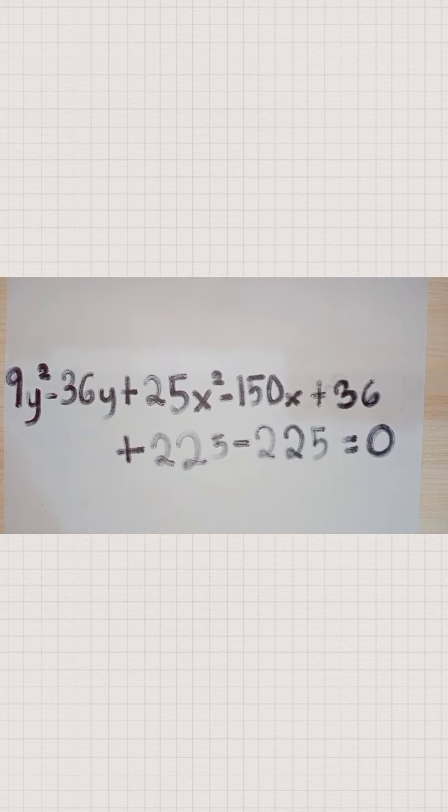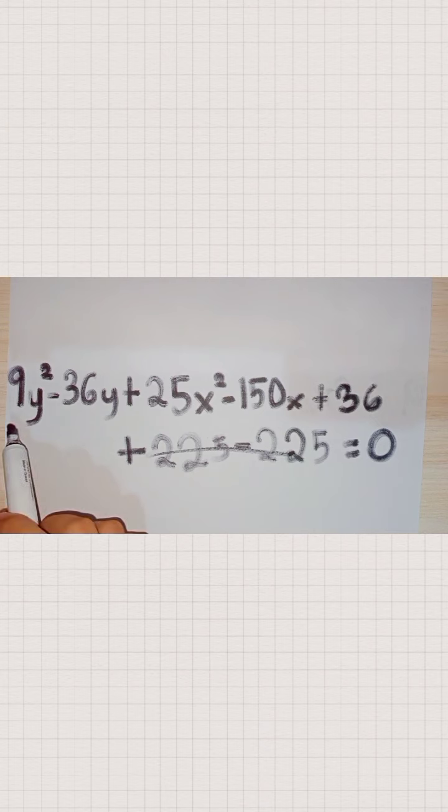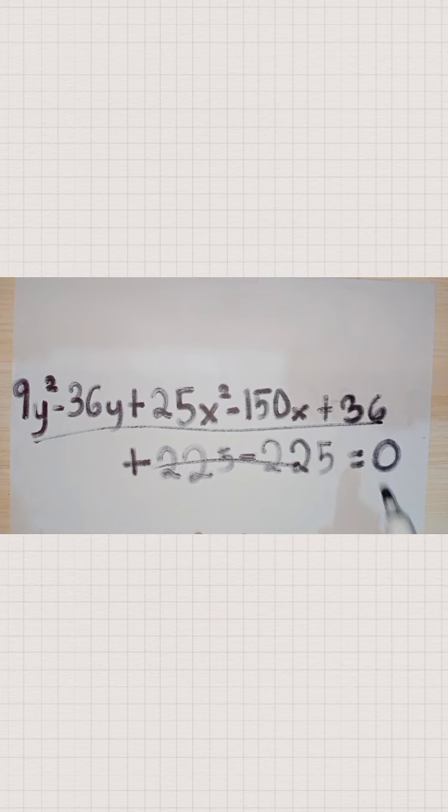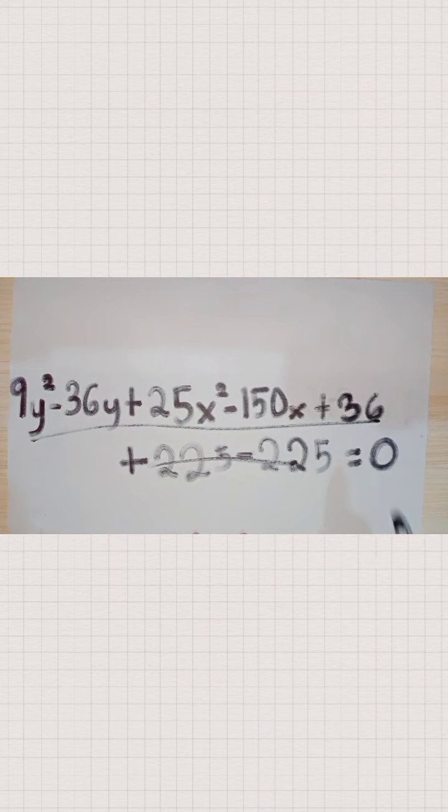Itong dalawang to, ang 225 minus 225, magiging 0 na to, hindi na to kasali. So, ito na lang yung natitira. Pwede na natin siyang i-arrange ulit to general form.